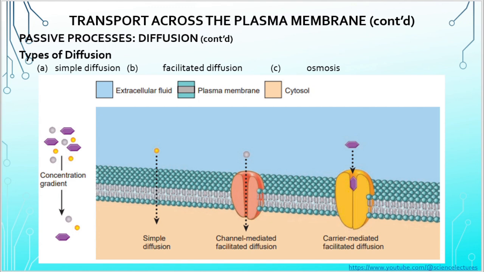Simple diffusion through the lipid bilayer is important in the movement of oxygen and carbon dioxide between the blood and body cells and between the blood and air within the lungs during breathing. It is also the route of absorption of some nutrients and excretion of some wastes by body cells.